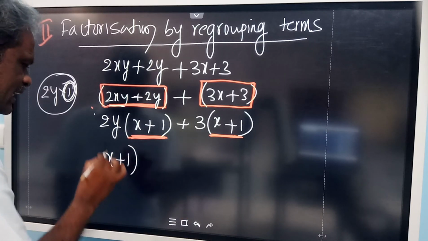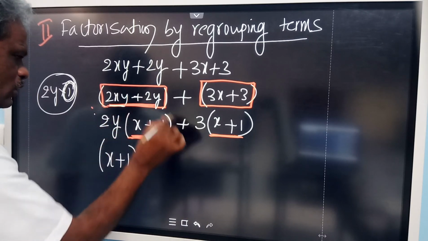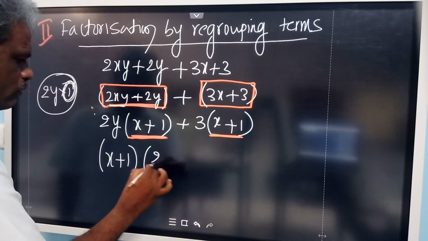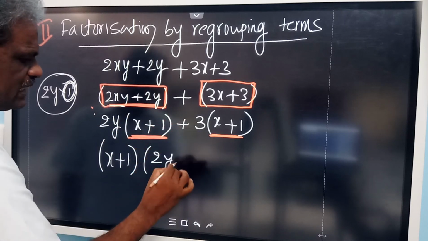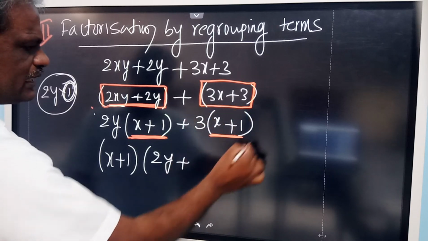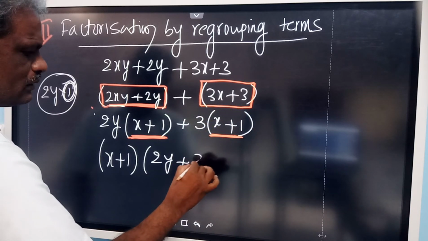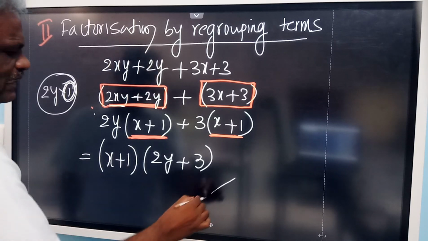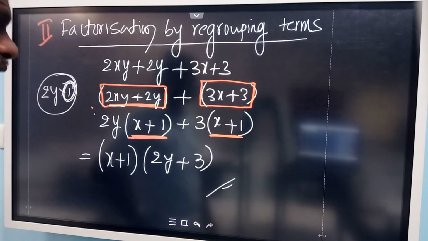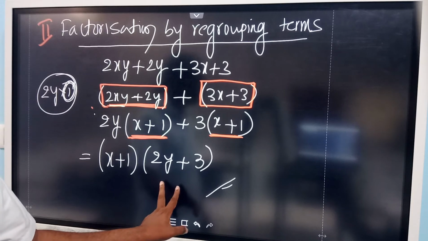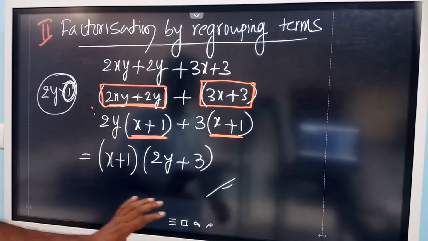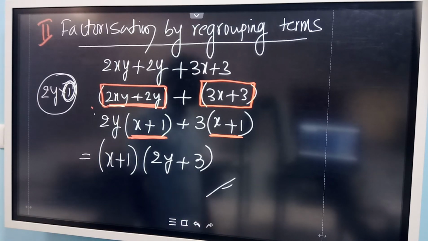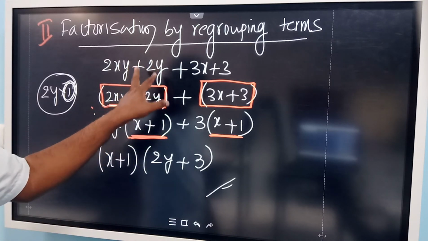If you take x plus 1 common, in the first group you will be left with only 2y, then plus, and in this group you will get plus 3. So this is the factorization. We have two factors, one is x plus 1, the other one is 2y plus 3. Both are expressions, and these two expressions are the factors.